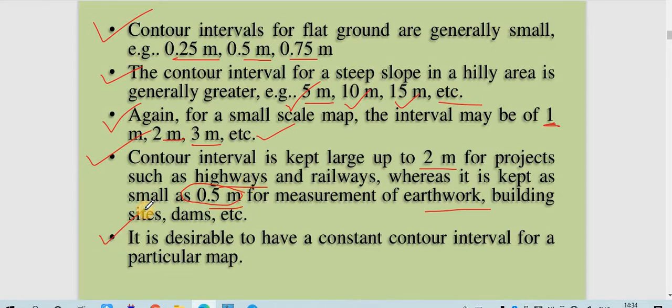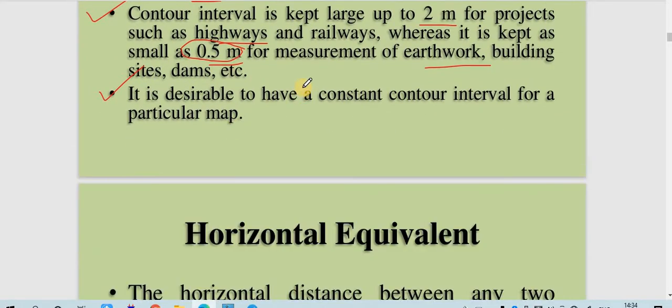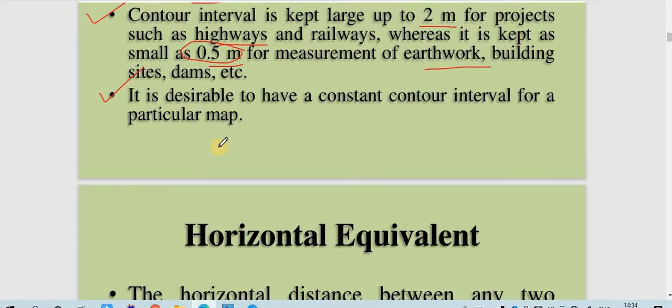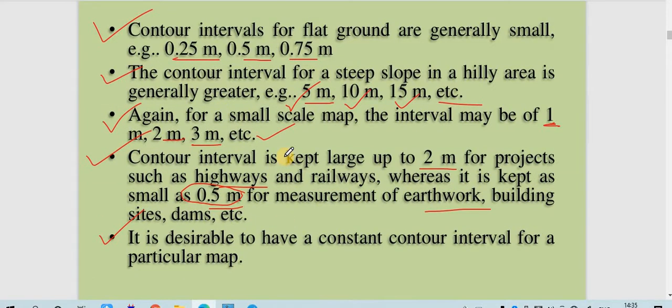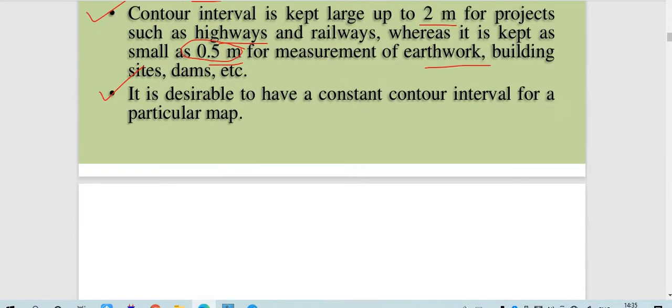It is desirable to have a constant contour interval for a particular map. Whenever you prepare a contour map, it should have a proper interval and should not vary. If you have chosen a 2 meter interval, you should use 2 meter for all contours, and if you have chosen 0.5 meter, you should use 0.5 meter for every contour.